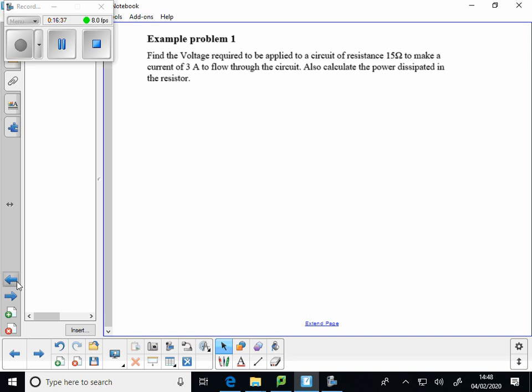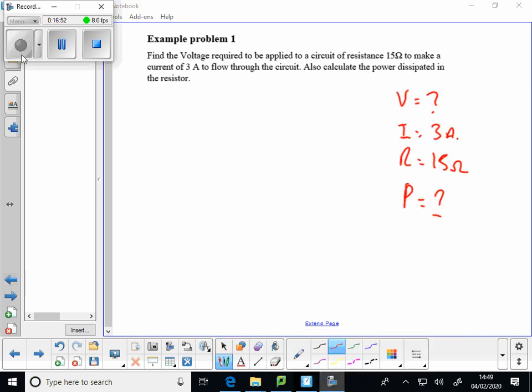So the formula we're going to use, first of all, what do we know? Voltage is a question mark. So that's what we know. And where are we going with this? How are we going to make a start?